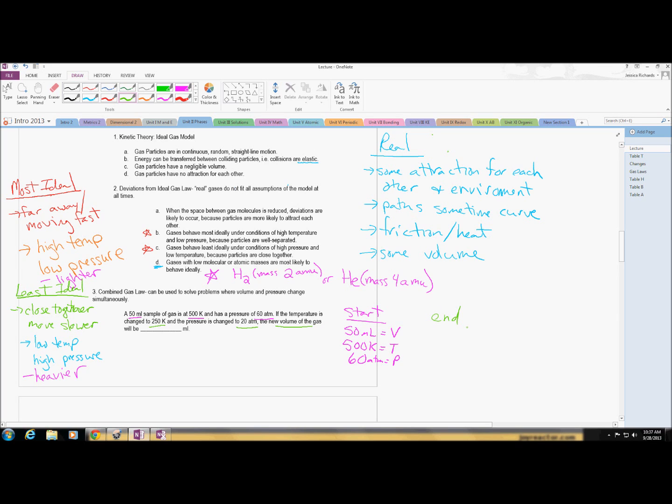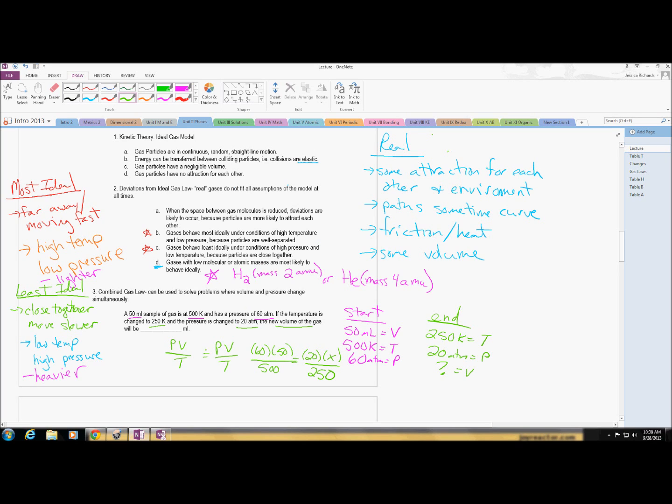So when we end, we just plug those into our equation. PV over T equals PV over T. So we're going to have a pressure of 60 and a volume of 50 over a temperature of 500. And that's going to be equal to a pressure of 20 times, I don't know what the new volume is, over a temperature of 250.